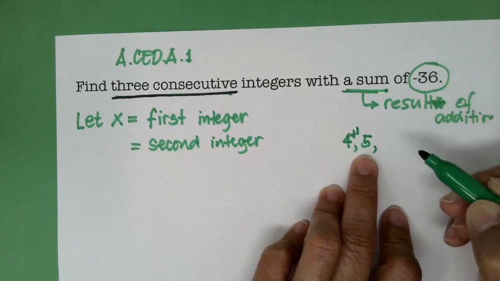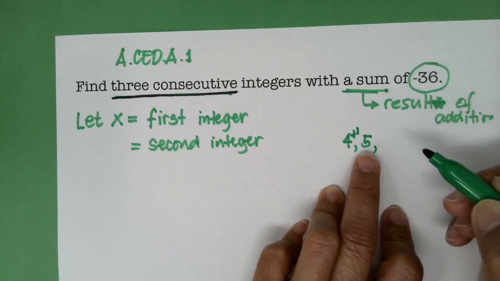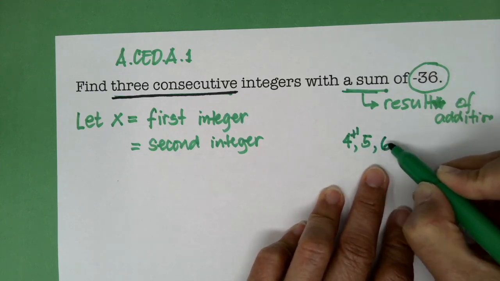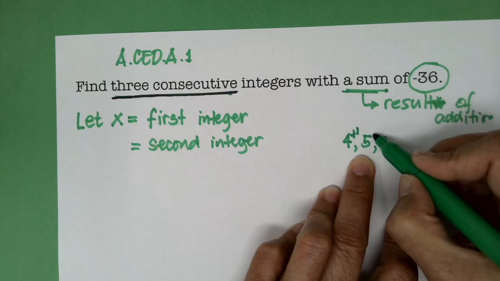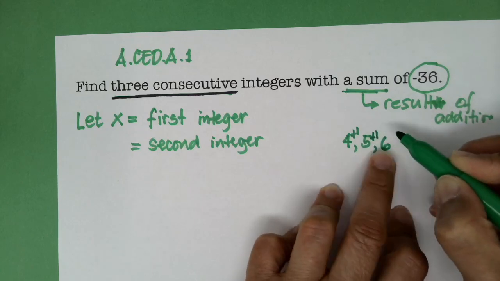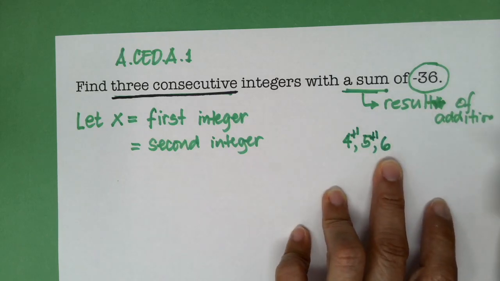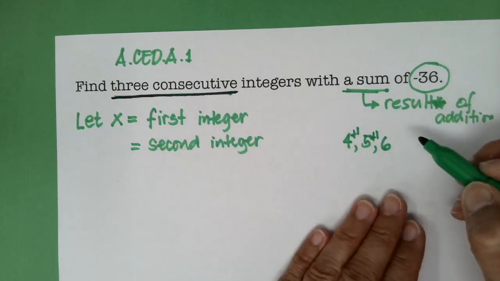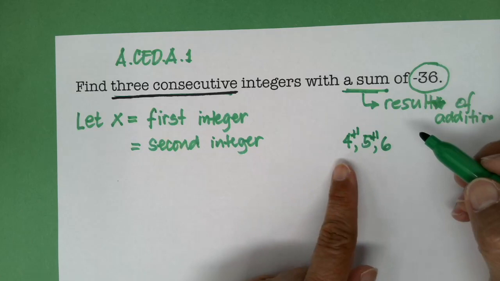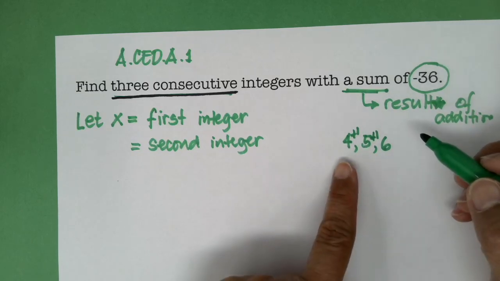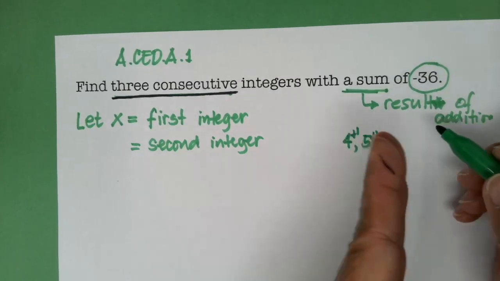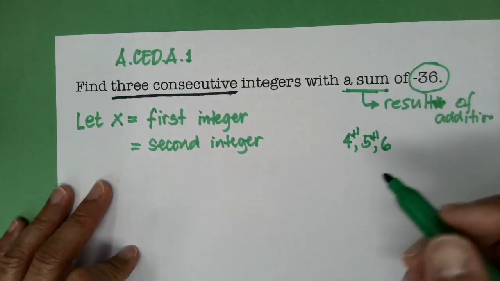And if our second integer is 5, the next integer is 6, and we know we will have to add 1 to 5 in order to get the next integer. So for consecutive integers, we simply need to add 1 to a particular integer in order to get the next integer.